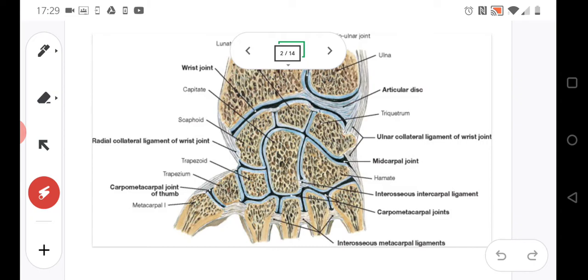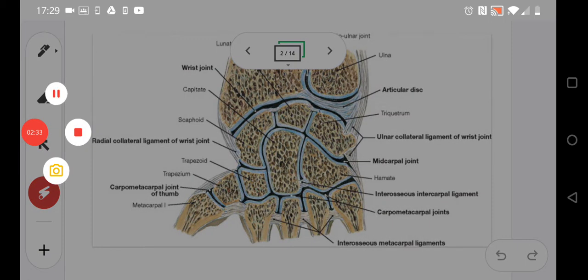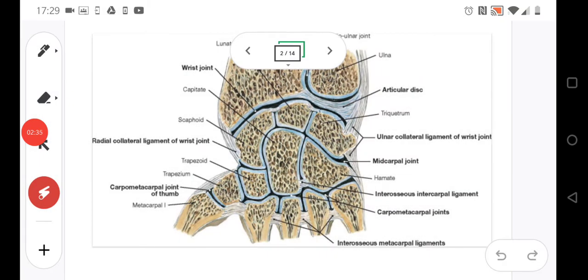Other important ligaments that I will point out are the intraosseous metacarpal ligaments. I will point them out especially because there is one exception that looks a bit different than the other ones. Namely here. Why is it different? It's a bit longer.